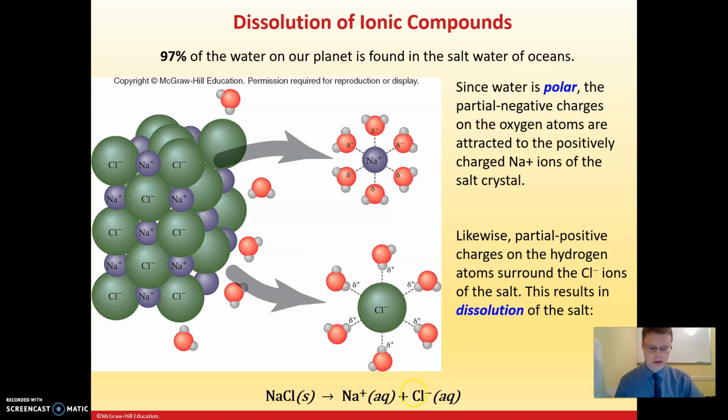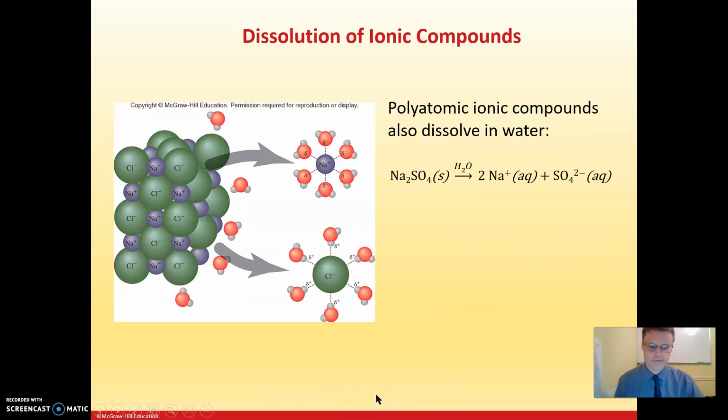We can show that with a chemical formula for sodium chloride dissolving in water. Sodium chloride solid, when it dissolves, forms aqueous sodium cations and aqueous chloride anions. Aqueous means it's dissolved in water. This can also happen with polyatomic ions.